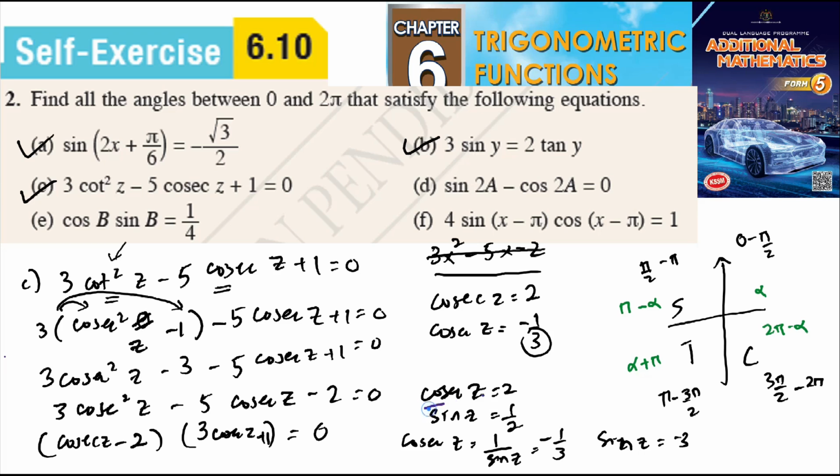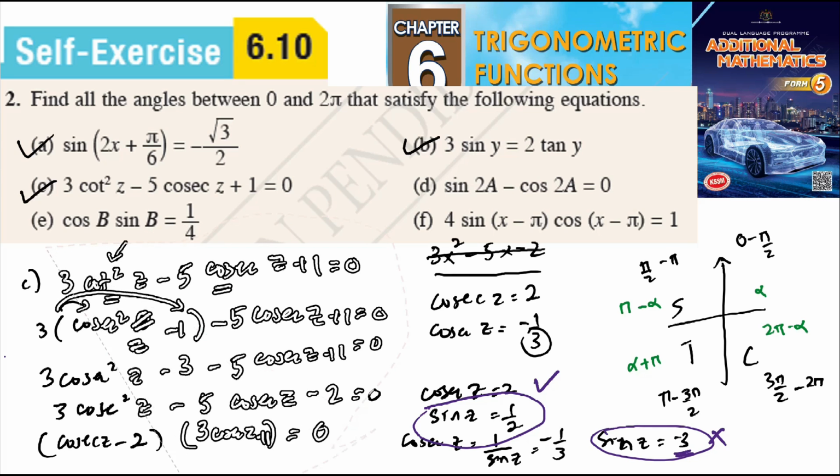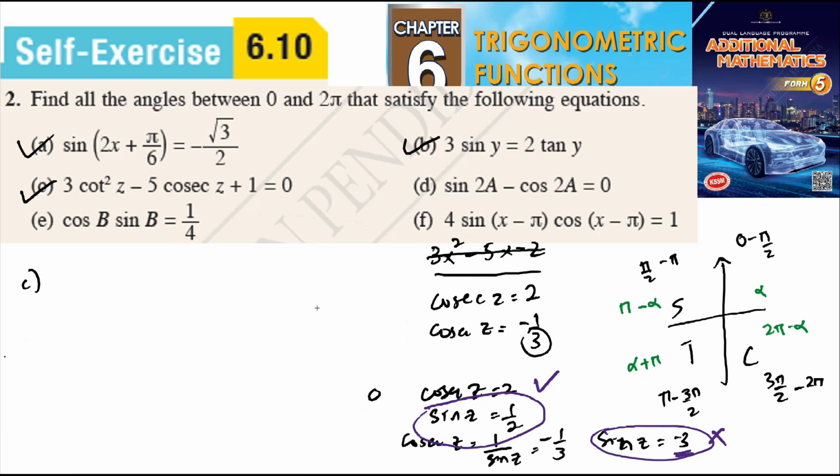We know that the value of sine is supposed to be not more than 1, so negative 3 is not accepted, only this one. So here sine z is equal to a half. We see this one is positive.